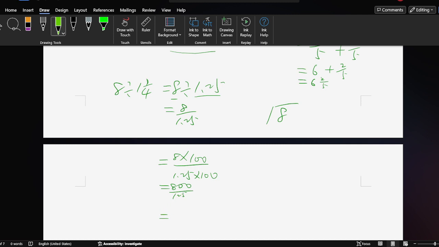Okay, first I tell you how to do this division, and then another step I tell you a good method to solve this quickly. So 800 divided by 125.